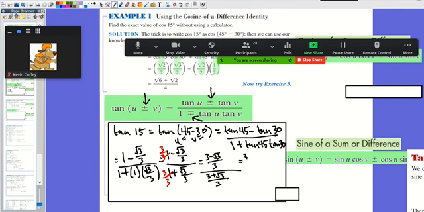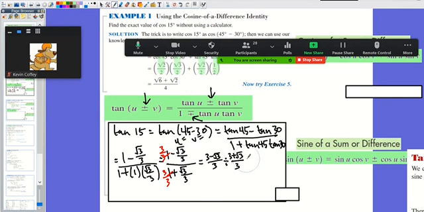This is going to be 3 minus root 3 over 3, divided by 3 plus root 3 over 3.